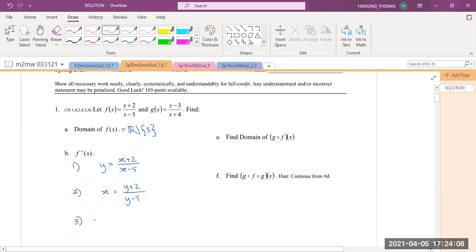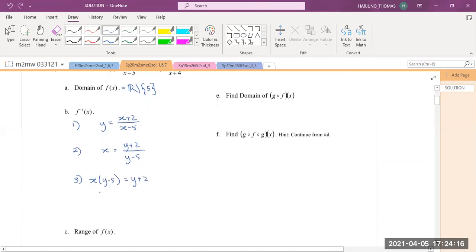Step 3, solve for y. So xy minus y equals 5x plus 2, factor the y.